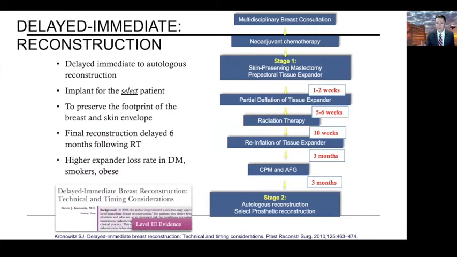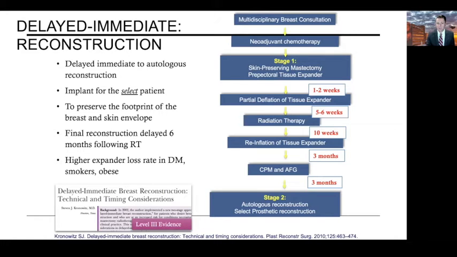If we look at how we reconstruct patients, the standard of care at MD Anderson is neoadjuvant chemotherapy, receiving chemotherapy before the mastectomy. At time of mastectomy, we will usually perform a reconstruction that is pre-pectoral, on top of the muscle.